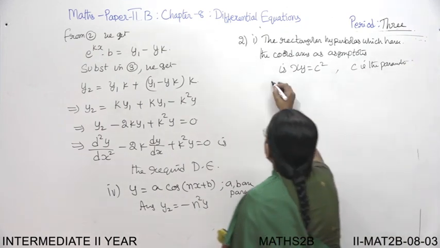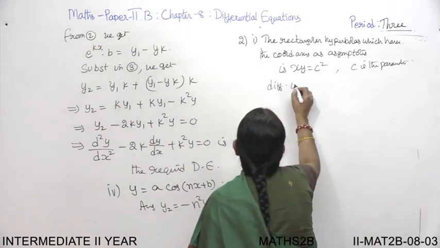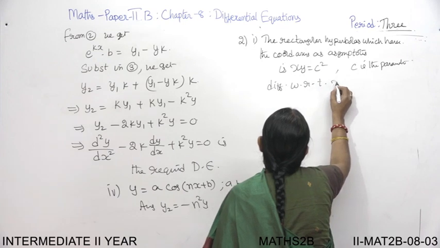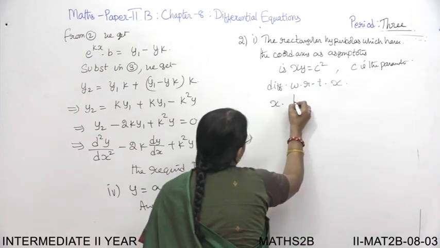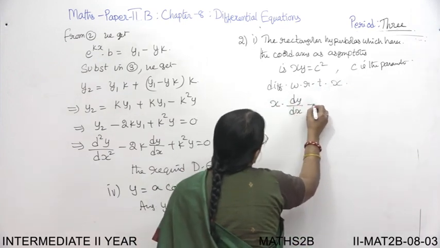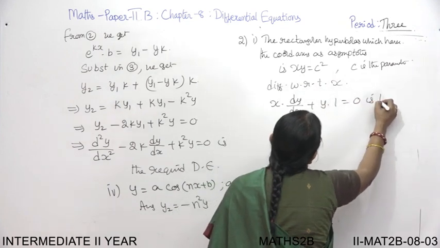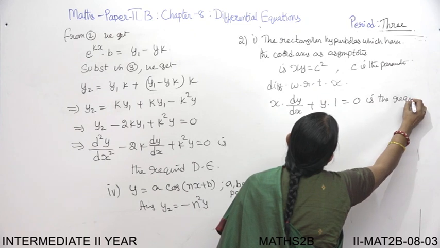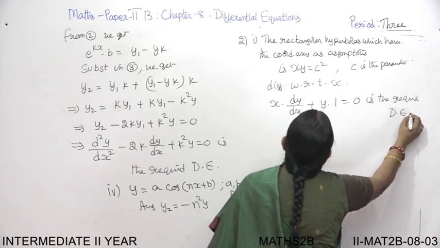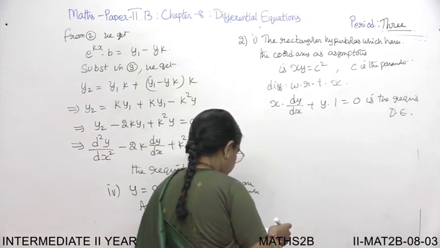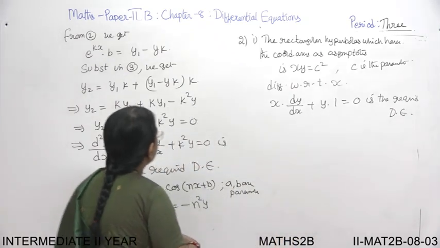You will just differentiate with respect to x because there is only one parameter. So x into dy by dx plus y into derivative of x, which is 1, is equal to 0 is the required differential equation. Like this you do the problem. Next one.